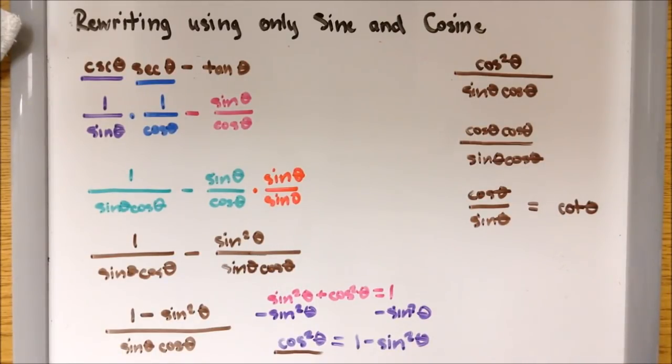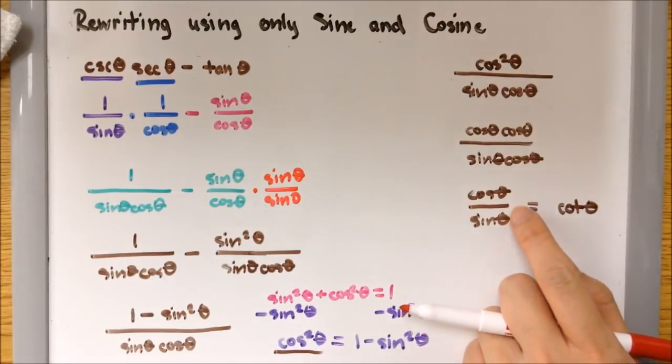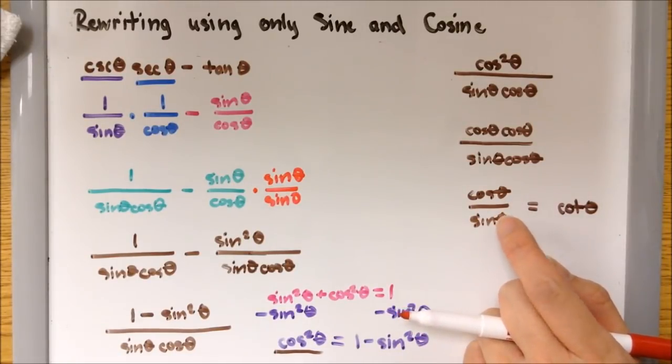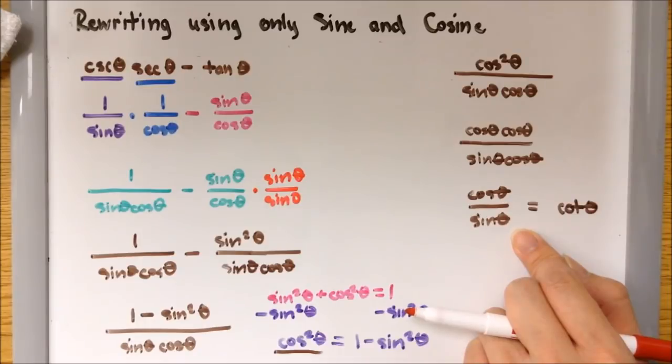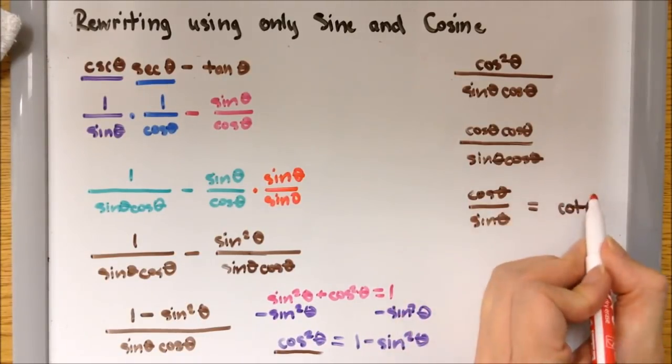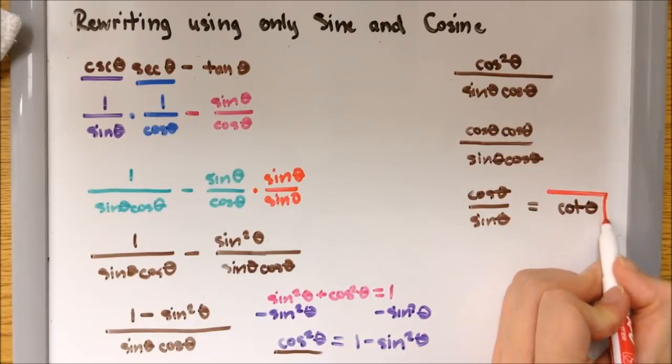And here, if you have cosine theta over sine theta, where you can convert it using either the quotient identity, the reciprocal identity, or the Pythagorean identity, then do so. Here, we use the quotient identity.